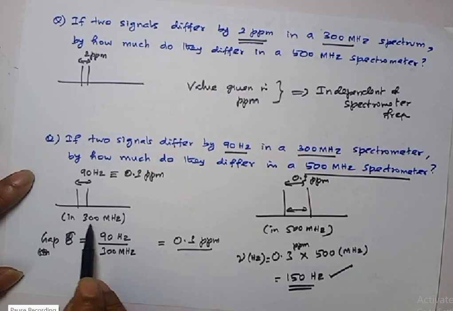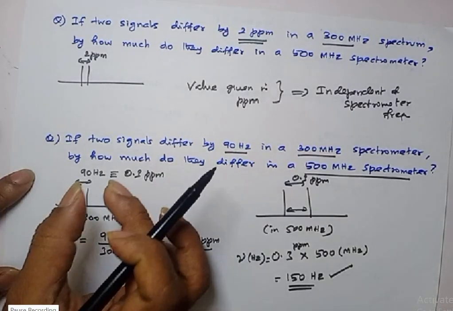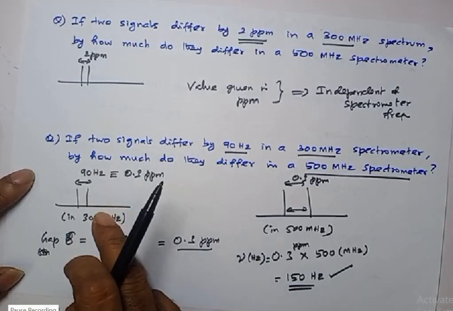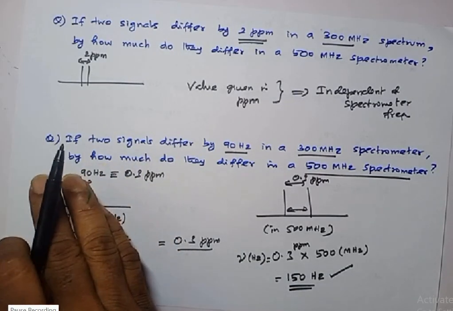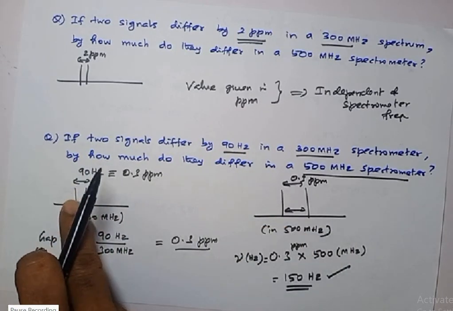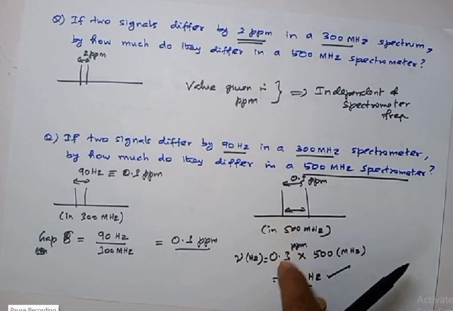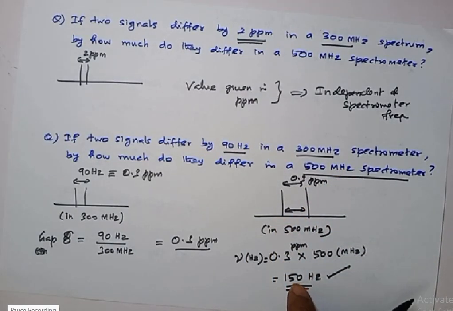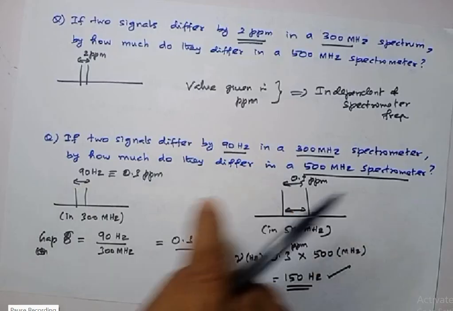In a 300 megahertz instrument, if the gap between the two signals is 90 hertz, then if you take the NMR spectrum of the same compound in a 500 megahertz instrument, the gap between the two signals will increase. Now the gap is actually 150 hertz. But remember, the gap value in ppm remains the same.